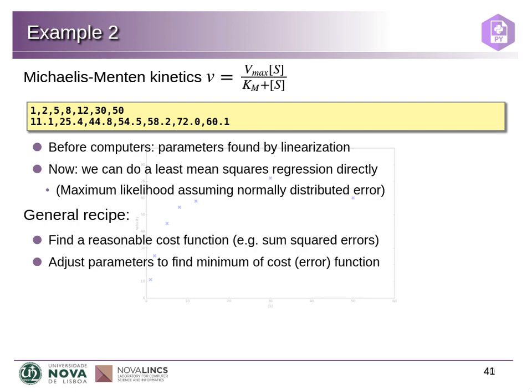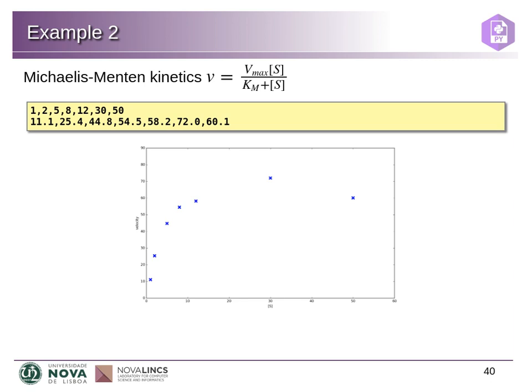So we have this data, a file with the concentration of the substrate in the first row and the measured initial velocity on the second row. Before we had computers, we could solve this by computing the logarithm. This would give a line on the logarithmic scale, and then we could do a linear regression there to get these parameters.